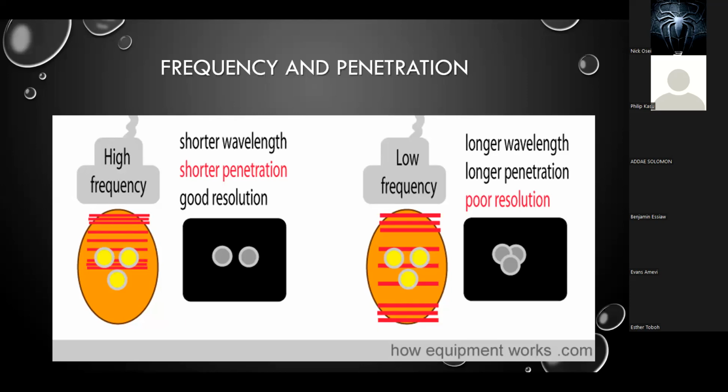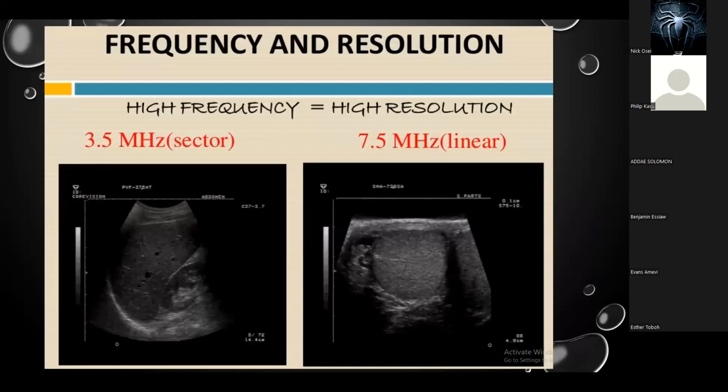Okay, so you have a higher frequency, you have shorter wavelength, shorter penetration, but good resolution. So that is what we are relating here as high frequency equals higher resolution. So if you look at the 3.5 megahertz probe here, you can see that the matter being shown here is not as clearly defined as you'd have in this one.